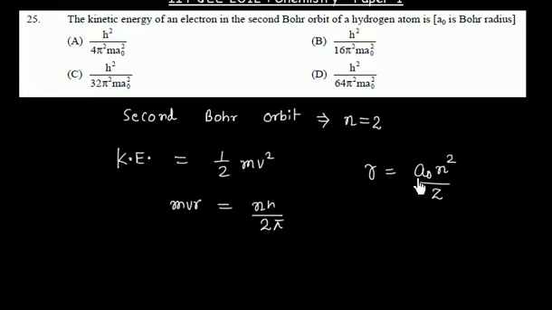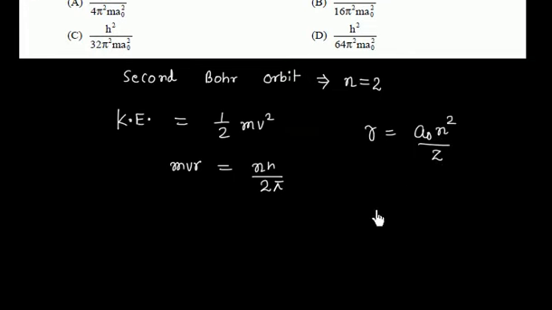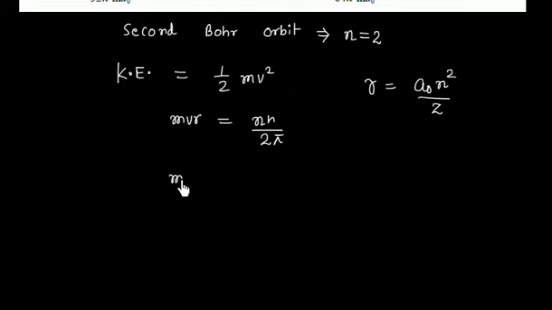r is equal to a naught, where a naught is the radius of the first Bohr orbit, into n square divided by z. So if I plug this value for r into mvr, r is nothing but a naught n square by z, and this is equal to nh by 2 pi.